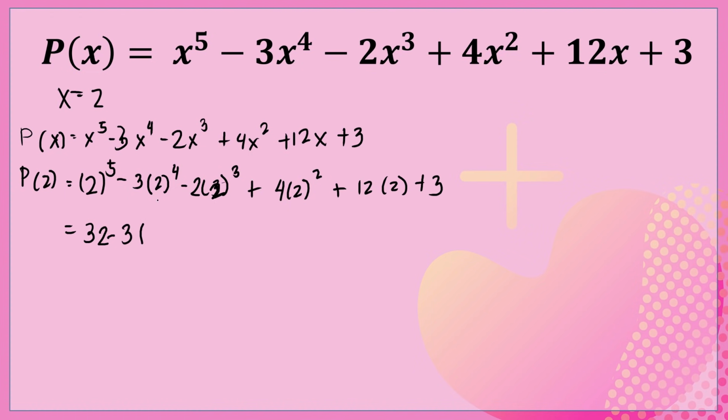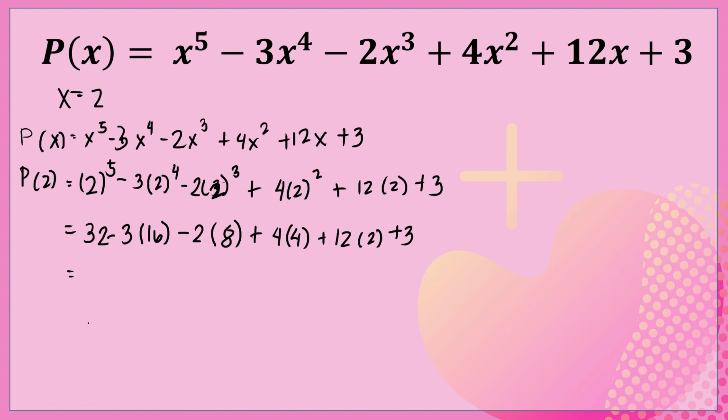What is 2 raised to 4? 2 raised to 4 will give you 16 minus 2 times 2 raised to 3. 2 times 2 is 4 times 2, so this is 8 plus 4 times 2 raised to 2 or 2 times 2, that is 4. Then wala nang may exponent, so copy na lang natin yung kasunod. 12 times 2 plus 3.